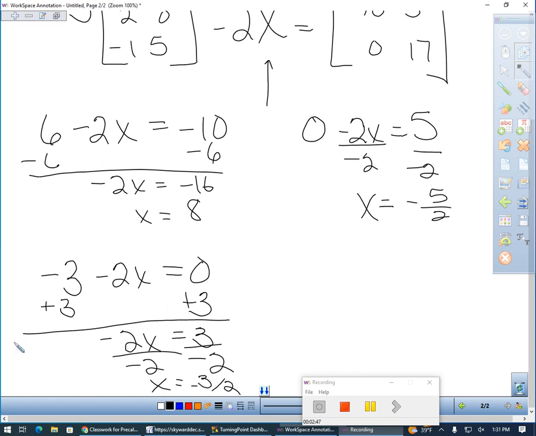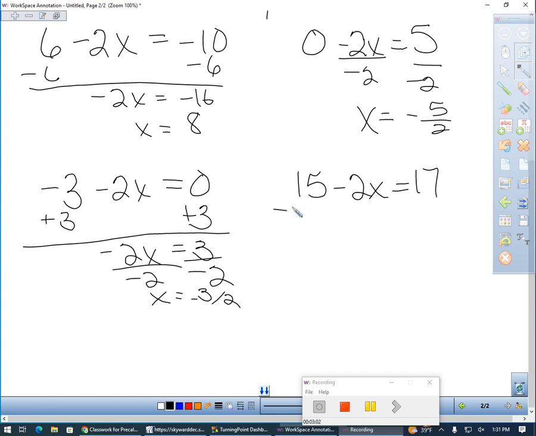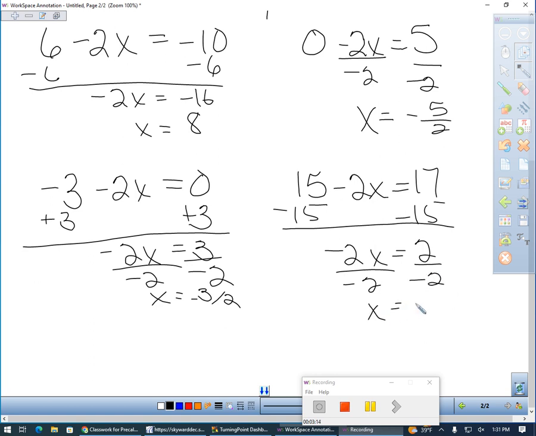And so what is the equation for the very last spot in our matrix X? 15 minus 2x equals 17. Very good. So I'm going to subtract 15 to the other side. I have negative 2x equals 2. Divide both sides by negative 2. And I get x equals negative 1.